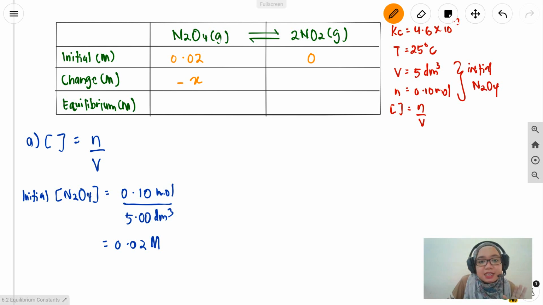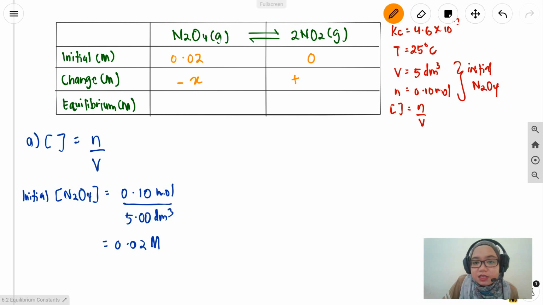So it will have the negative sign. And why is it X here? Because it has the stoichiometric coefficient of 1 here, so the negative X. However, throughout the reaction, the concentration of nitrogen dioxide will be increasing because it will be formed throughout the reaction. So it will have a positive sign here.